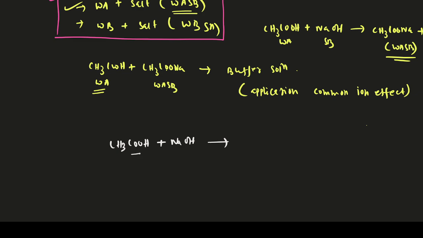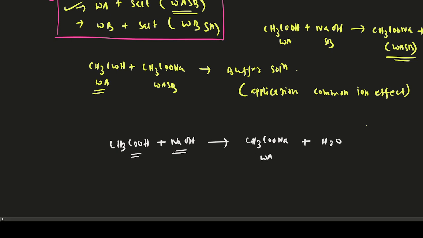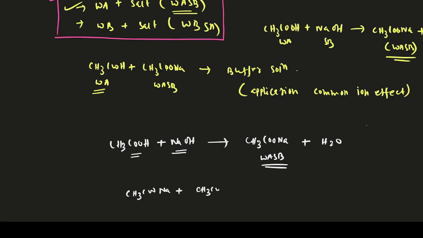Yes, because you have the weak acid and you have the strong base. Whenever you react it, then this CH3COONa plus water, this weak acid strong base salt, is prepared. After that, what you will do is react this CH3COONa with CH3COOH. Then you can prepare the buffer solution.